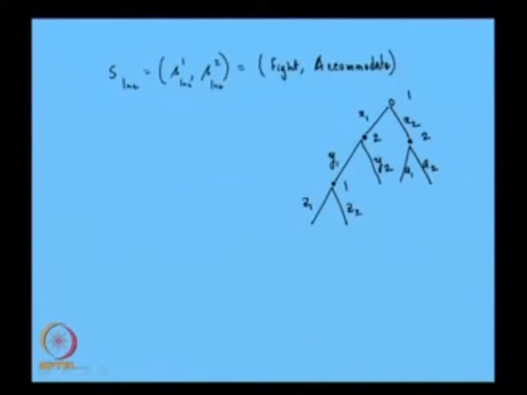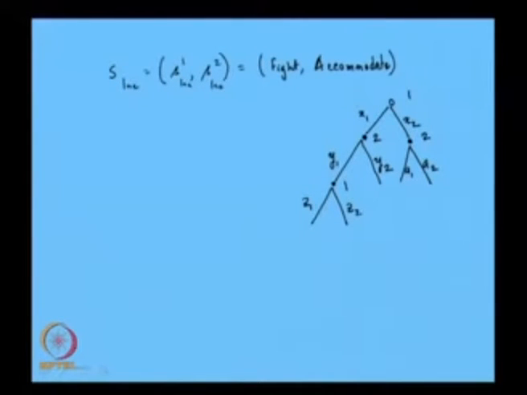If y2 is played by player 2, the game ends there. There is no further move. But if 2 takes the action y1, then again it is player 1's turn to move. So, this is from the left hand side. From the right hand side, if player 1 takes the action x2, player 2 has to move now, and player 2 has two actions to choose from, a1 and a2.